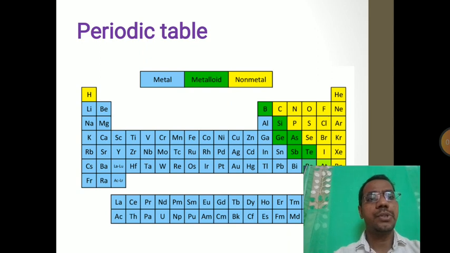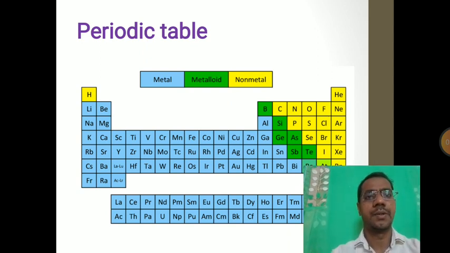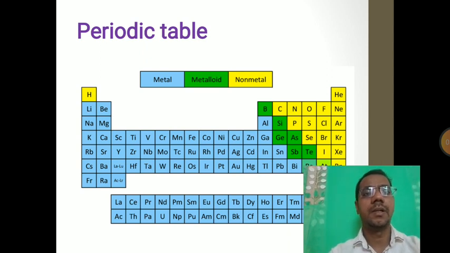The position of the element is fixed; it does not change. It means hydrogen always remains at the first position, while helium is present at the second position. Then lithium, beryllium, boron, carbon, nitrogen, oxygen. So these are the elements which are present in the table at a fixed position.